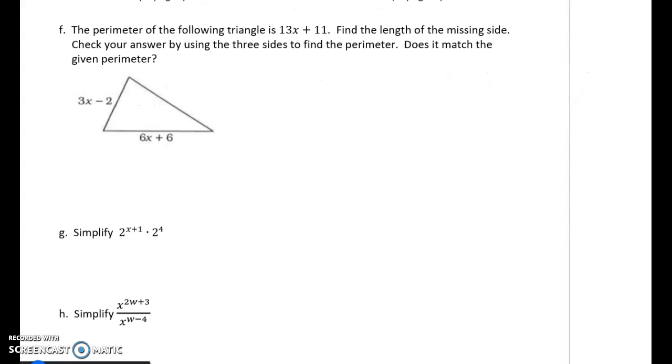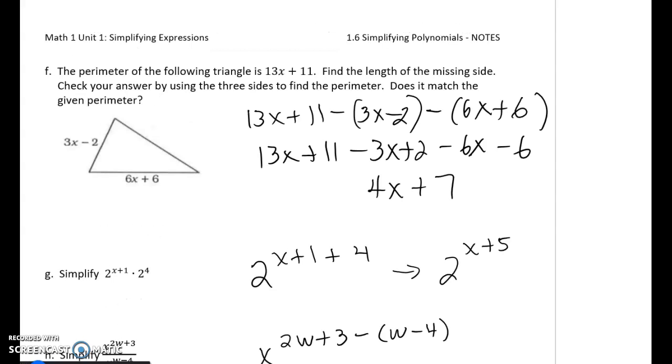Let's apply your knowledge of the topic of the lesson to see if you can figure out the answers for these next three. For part F, we are told that the perimeter of this triangle is 13x plus 11. We want to find the length of this missing side. Using the model of the last example, we start with the perimeter and subtract each of the two sides that we have.